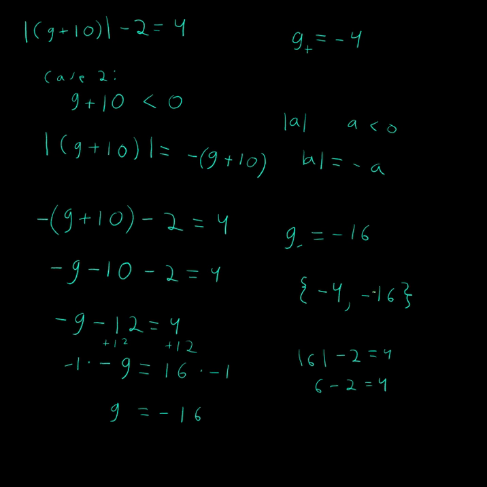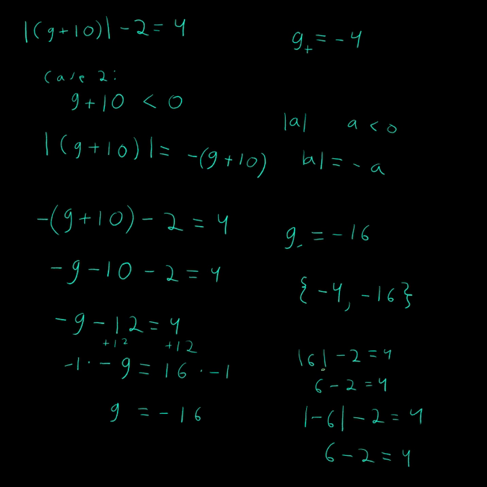Let's try negative 16. For that, negative 16 plus 10 gives us negative 6, minus 2 equals 4. Absolute value of negative 6 is 6, and 6 minus 2 equals 4.